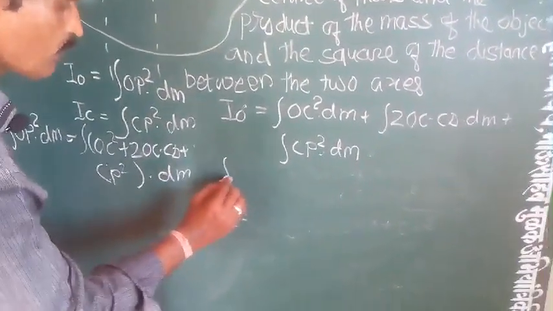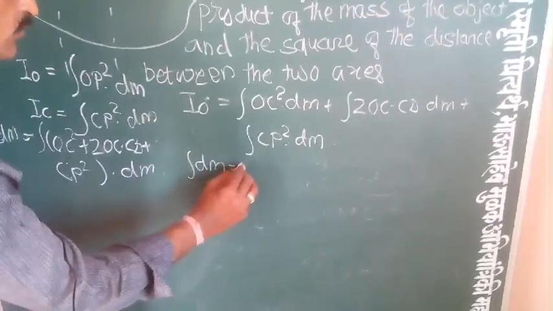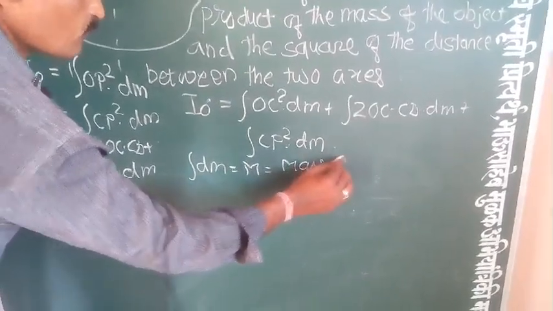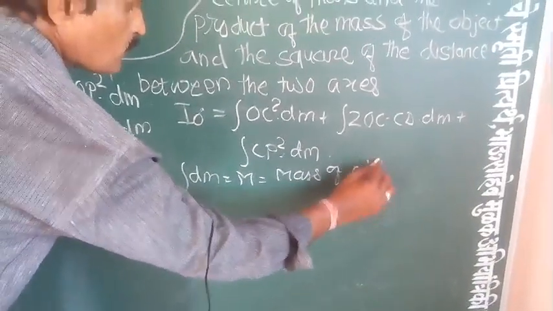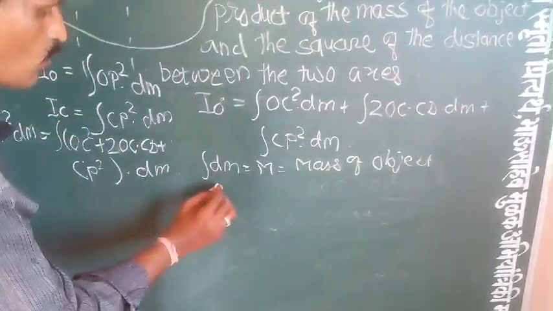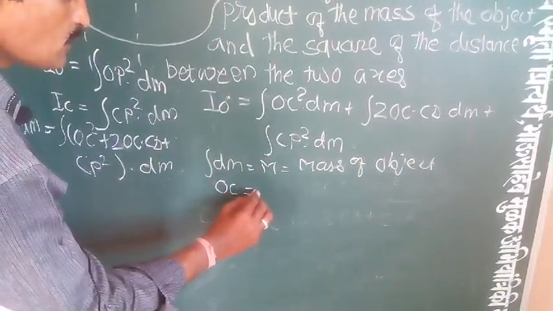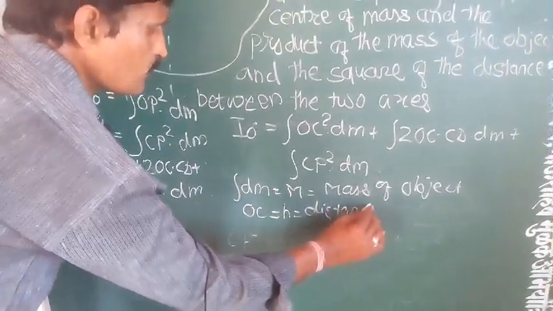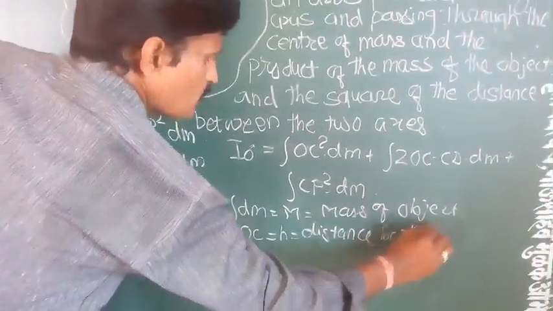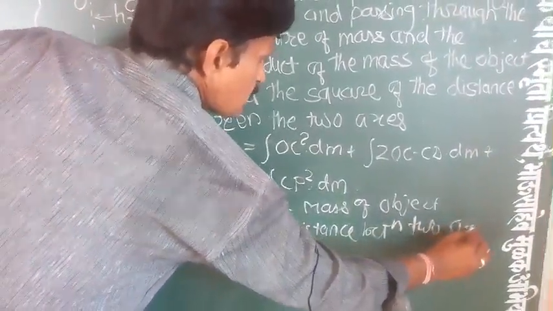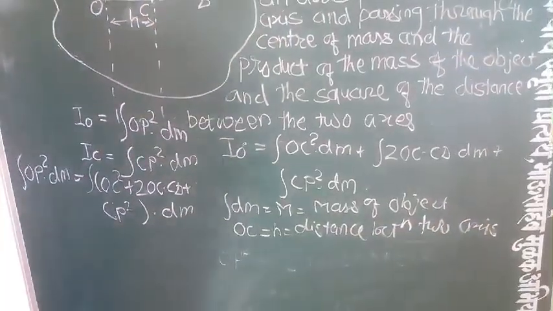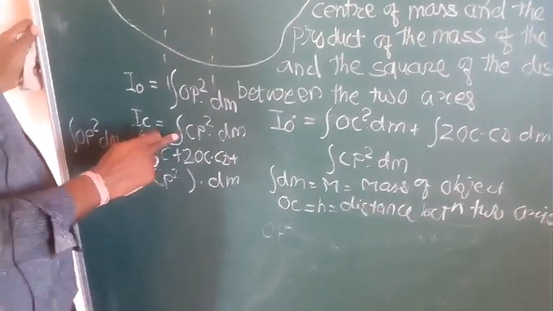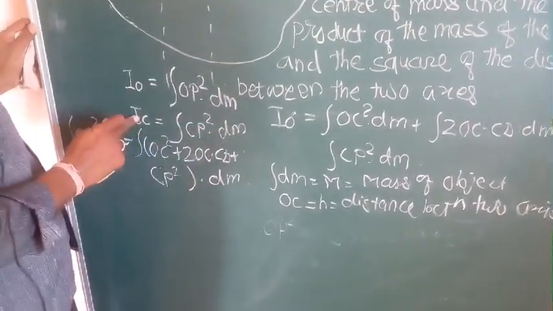Now integration of dm is equal to m, that is the mass of the object, and OC is equal to h, that is the distance between the two axes. And we know that integration of CP square dm is equal to Ic.